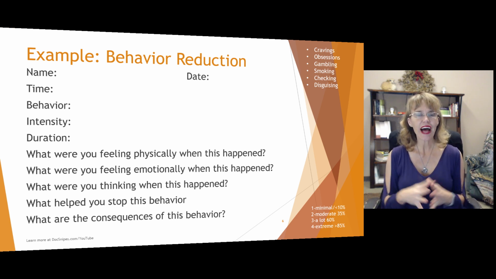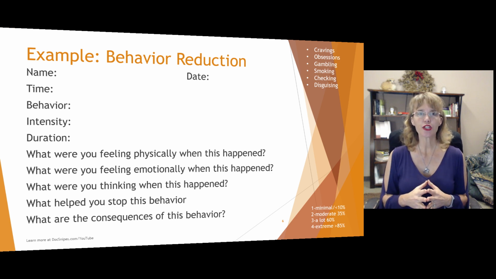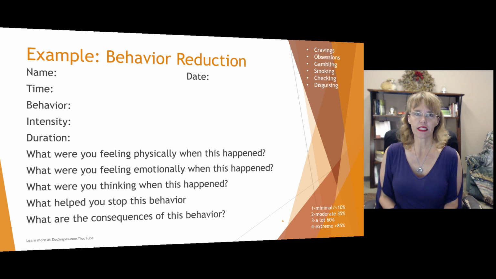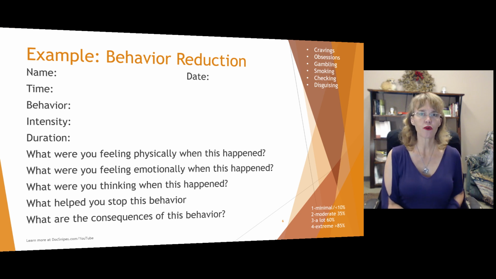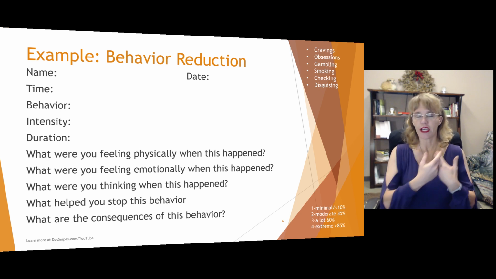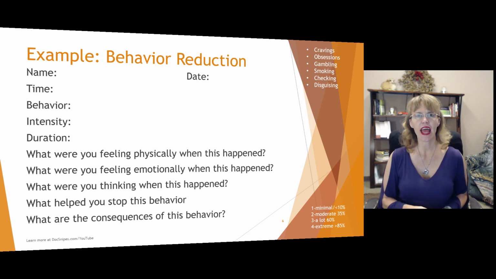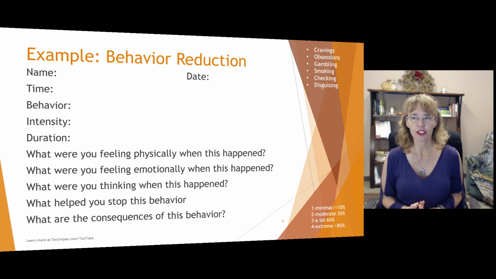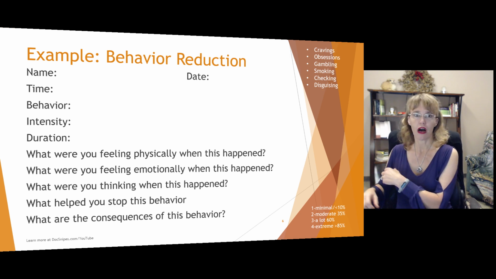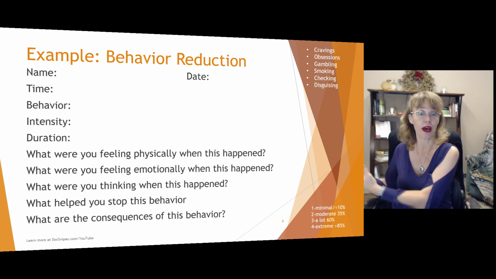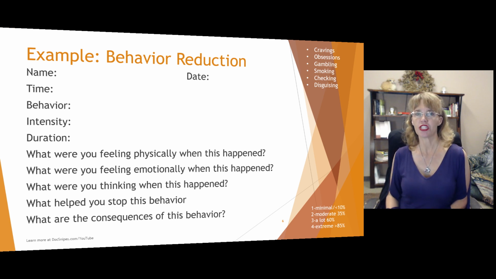The reason we gather this data, the frequency, intensity, and duration, is so we can see progress, because people are not going to go from extreme intensity, long duration, and multiple times a day to all of those dimensions being better. So we want to see changes.